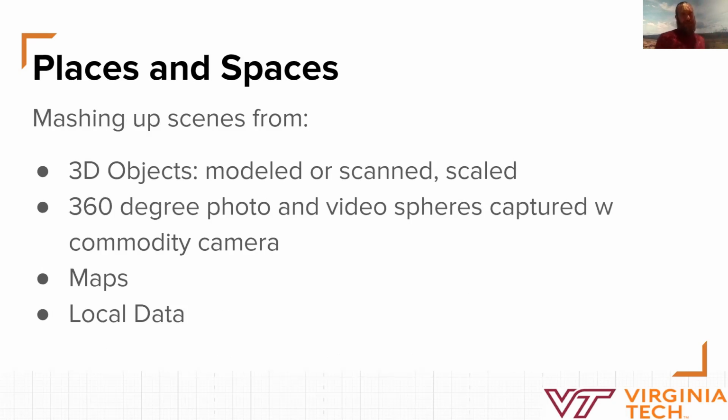But in any of these places that we want to go, we can often count on a few common elements, right? We know we're going to have a map of a place. Maybe we have some local data like a sensor that was in the stream for the last 10 years, and we want to go and look at that sensor data.